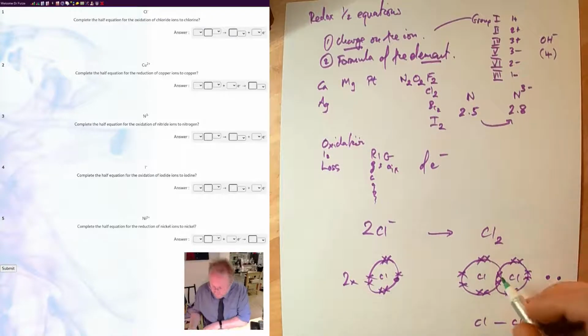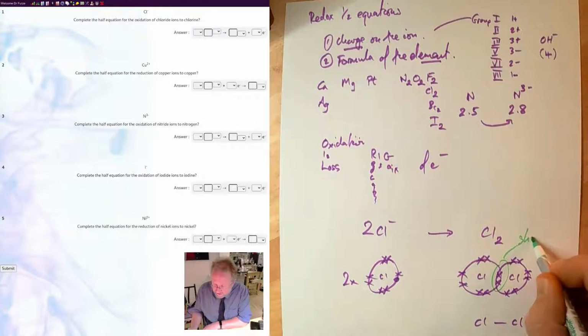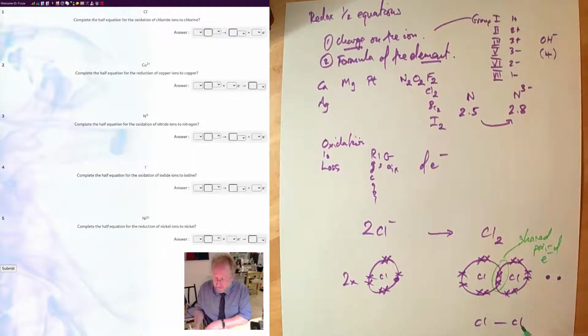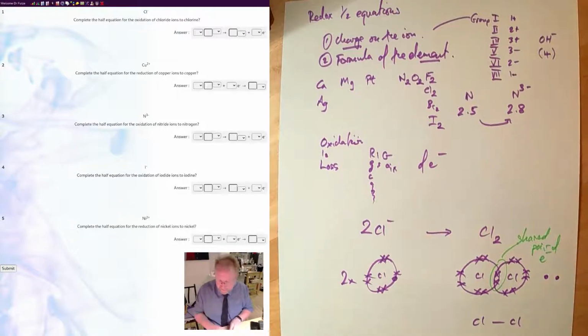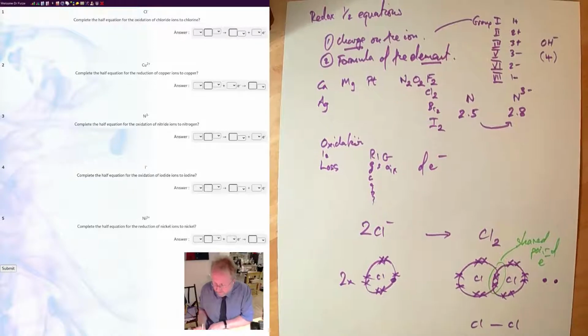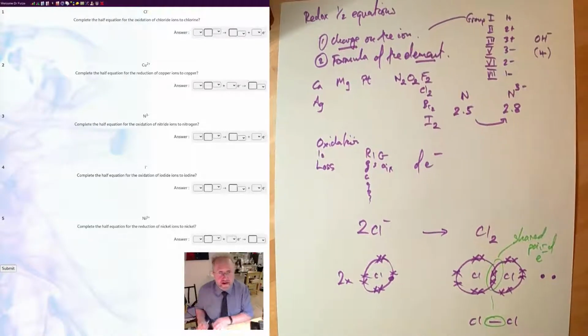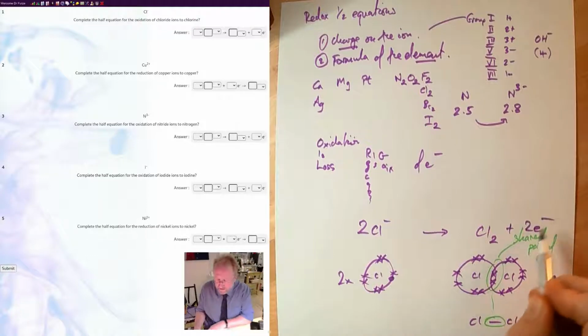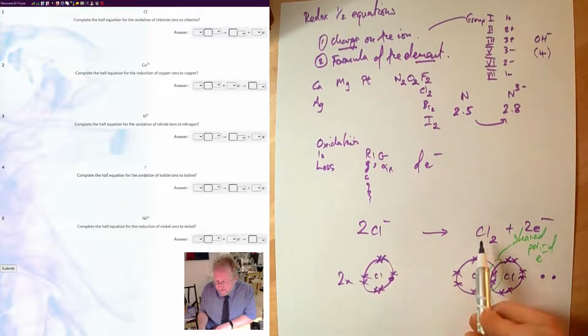That is our shared pair of electrons, and that is how the covalent bond is represented, just as the sort of stick diagram. Okay, so we've got 2 electrons which are cast off, so we're going to have plus 2e minus. So 2Cl minus goes to Cl2 plus 2e minus.